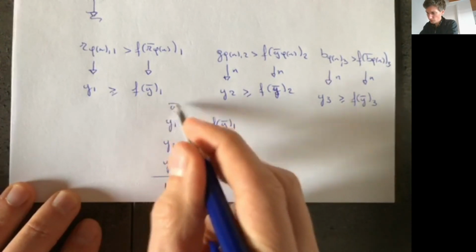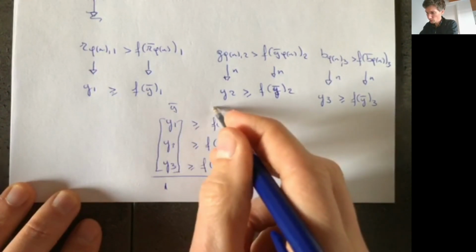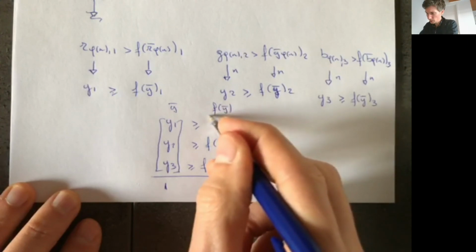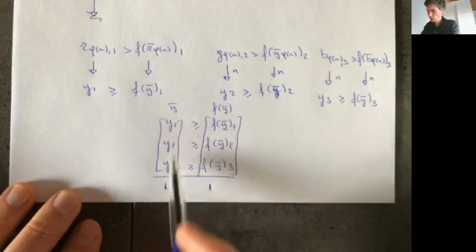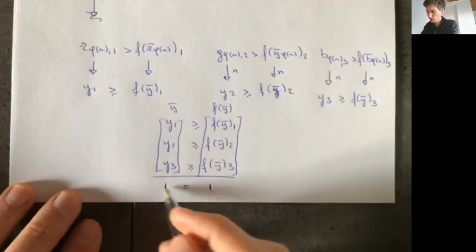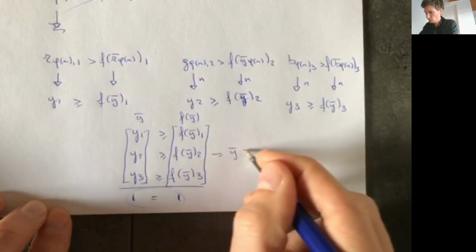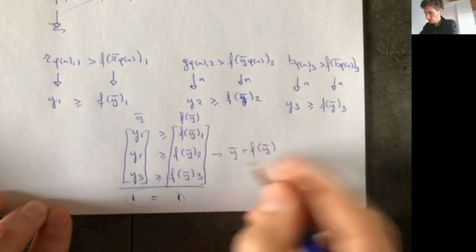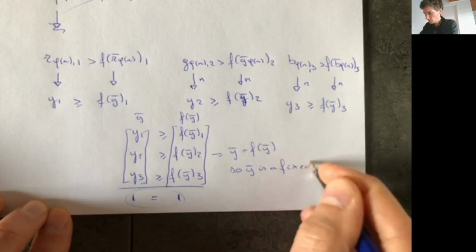We have three numbers that add up to 1. Here we have three numbers that add up to 1. Okay, they're all non-negative. So all these weak inequalities have to be equalities, because otherwise you would have a strict inequality here. So again, this implies that y is equal to f of y. So y is a fixed point.